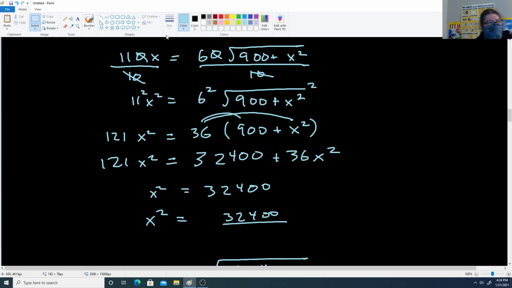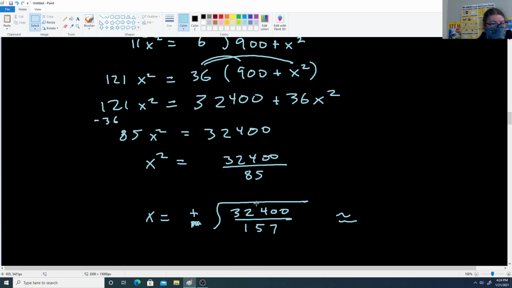So instead of adding 36 across, I need to subtract 36. So 121 minus 36 is 85. And then we divide that 85 on over. So we end up down here with this all divided by 85. And hopefully that's 19 point something or other, like we worked in class the other day.